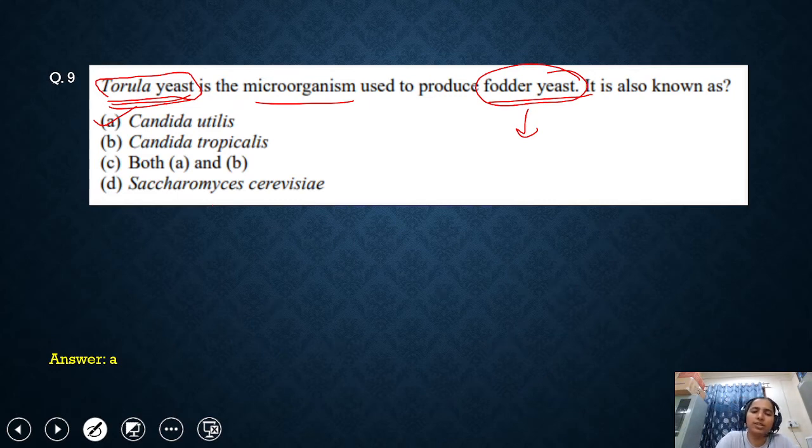All those things are required to maintain when you are fermenting a product.